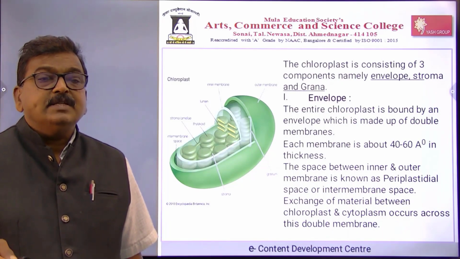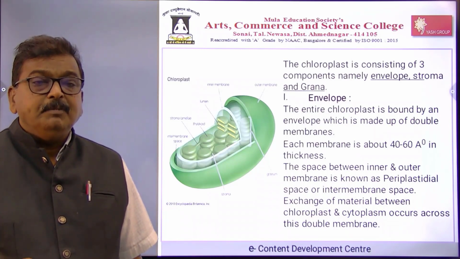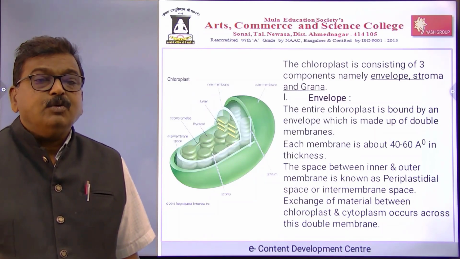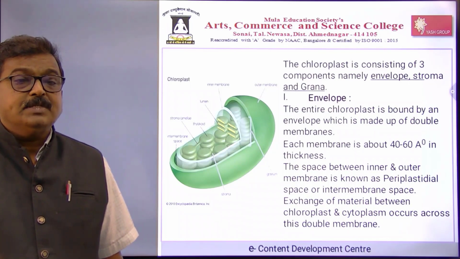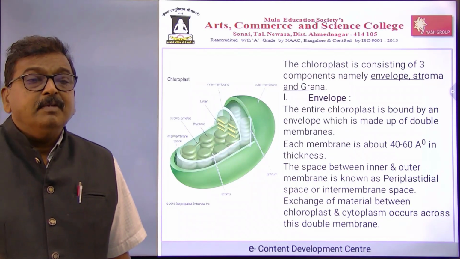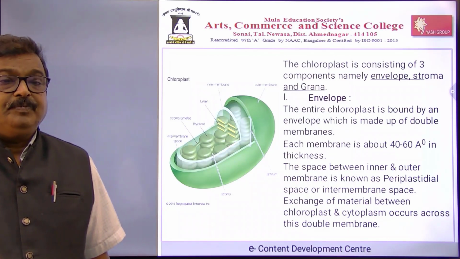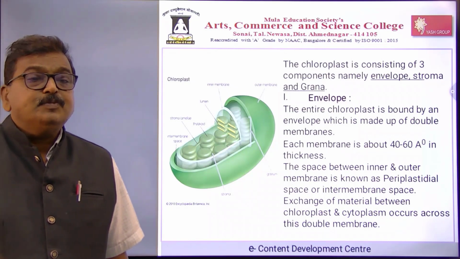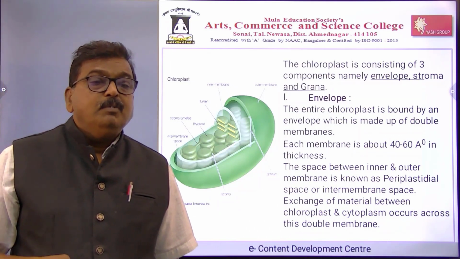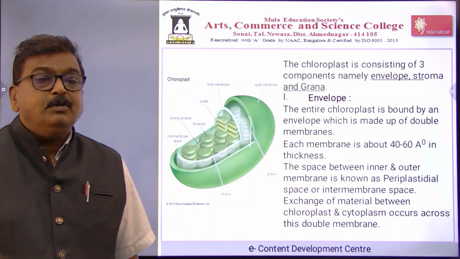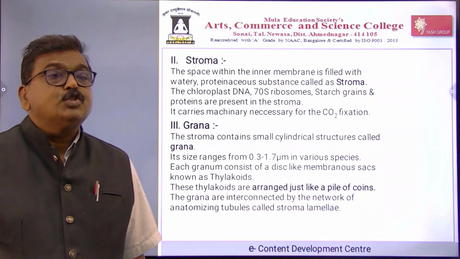There is a space between the inner and outer membrane, called the periplastidial space or intermembrane space. This space is helpful for the exchange of material between the chloroplast and the cytoplasm.